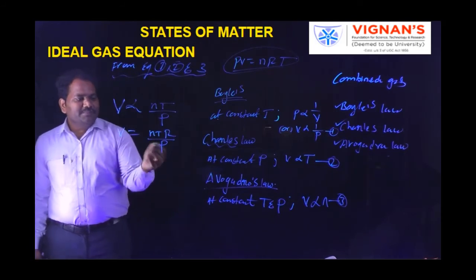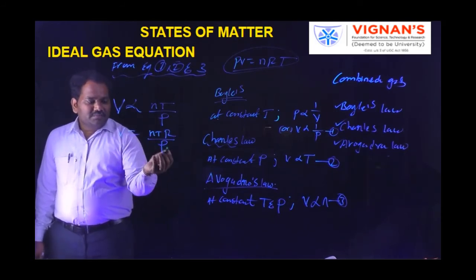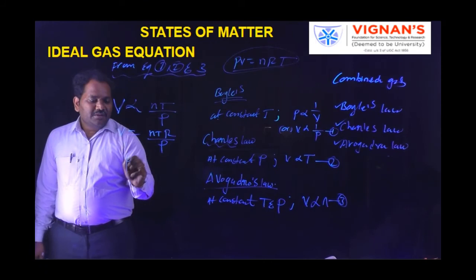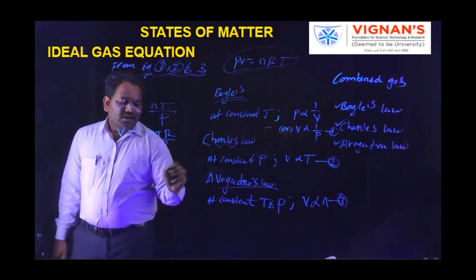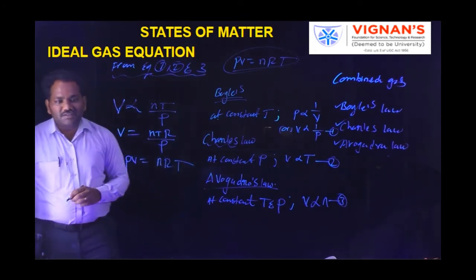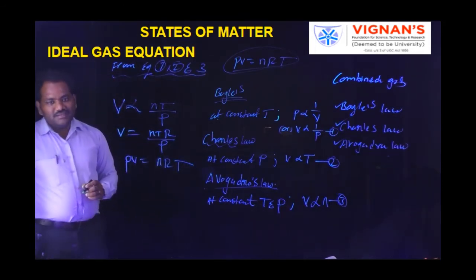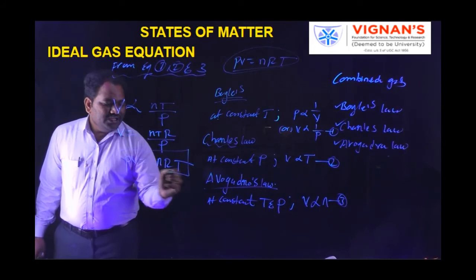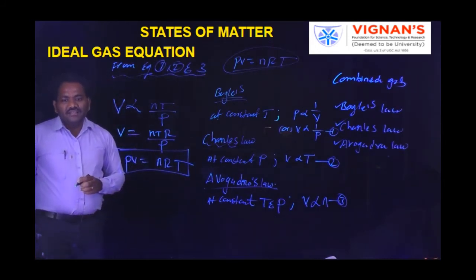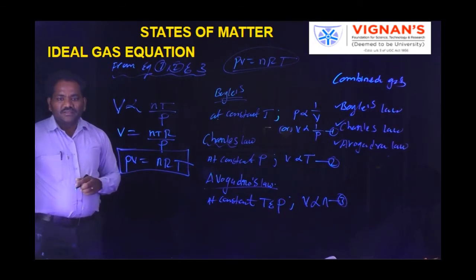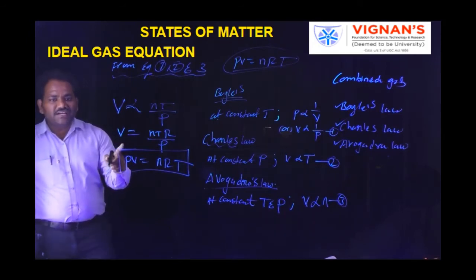Then this equation is rearranged: PV is equal to nRT. This is called the ideal gas equation.